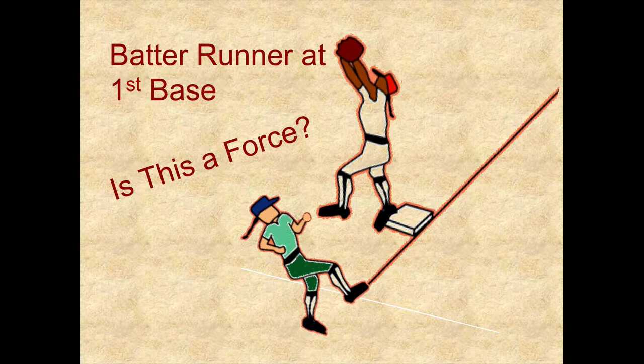Well, this is the batter runner, and no one is forcing her to vacate a base. But for the purpose of talking, because of its similarity to a force, in that only the ball has to get there and the runner does not have to be tagged, this is generally referred to as a force out at first base.